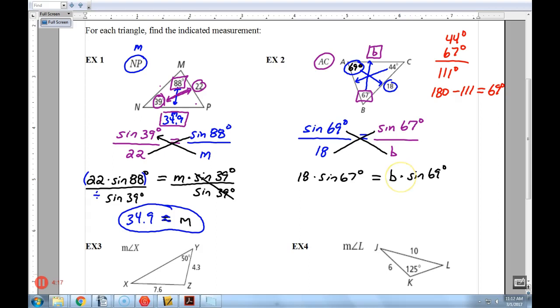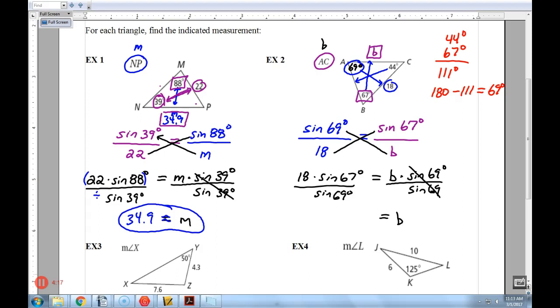And always in law of sines, to get b, I just divide both sides by the sine of 69. And this will cancel, and we get little b, aka AC up here. Little b is 18 times the sine of 67 divided by the sine of 69.